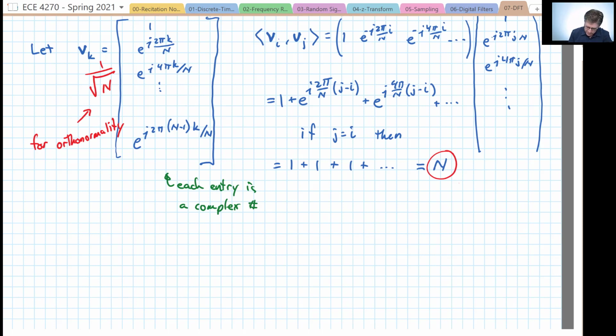Remember, if we have something of the form, the sum of alpha to the I, and in this case we know we're going to start at 0 and go to n minus 1, it is going to be 1 minus alpha to the n over 1 minus alpha.